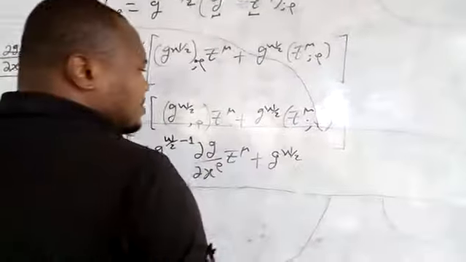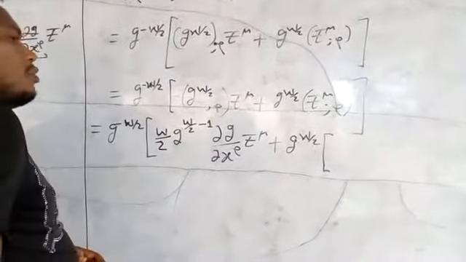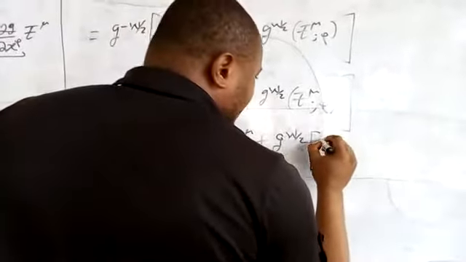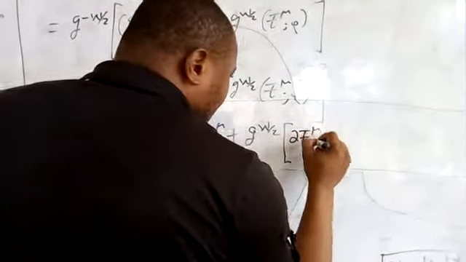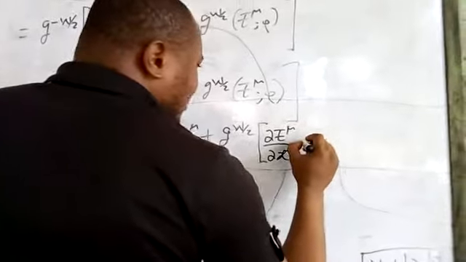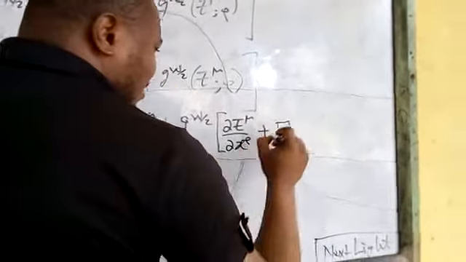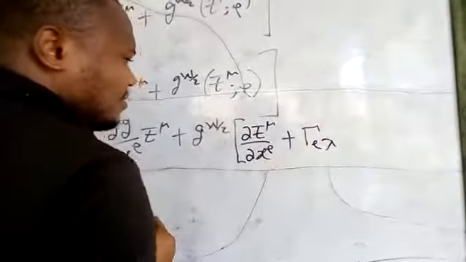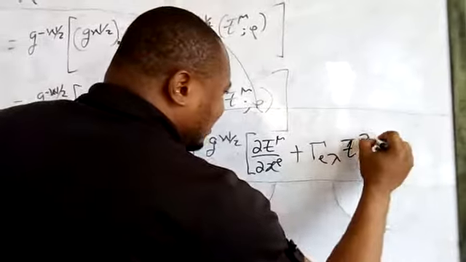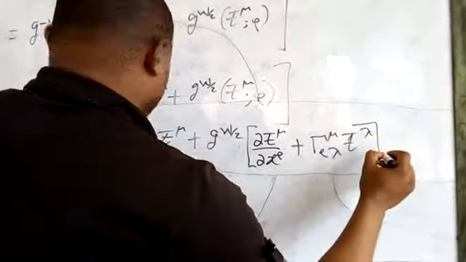This term, of course, is going to give us what we will expect for an ordinary covariant derivative. This will be the derivative of T mu with respect to x rho, and then, since I'm talking about a contravariant index, I'll have the Christoffel symbol with rho here. Let me use something like lambda, which I'll have to contract with this upper index, but then the mu I move over to this, and this is what I get.